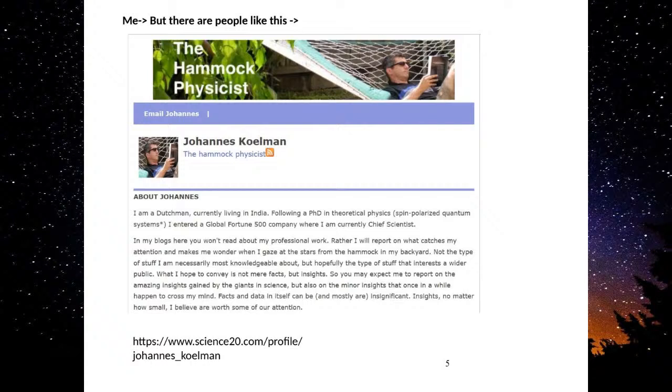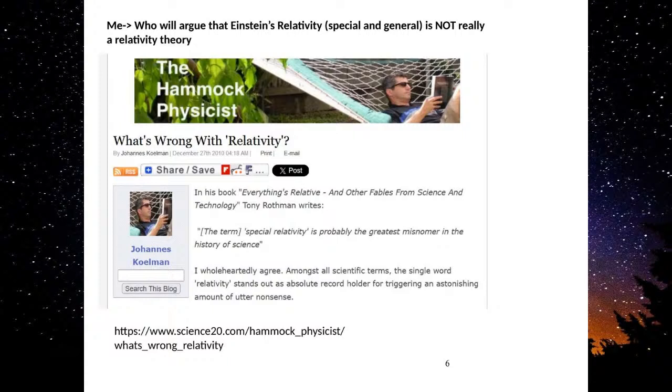I'm a Dutchman currently living in, well, my eyesight's so bad, but you can read that. He's saying that he's a physicist. And people like that will argue that Einstein's relativity, which is special and general, is not really a relativity theory.